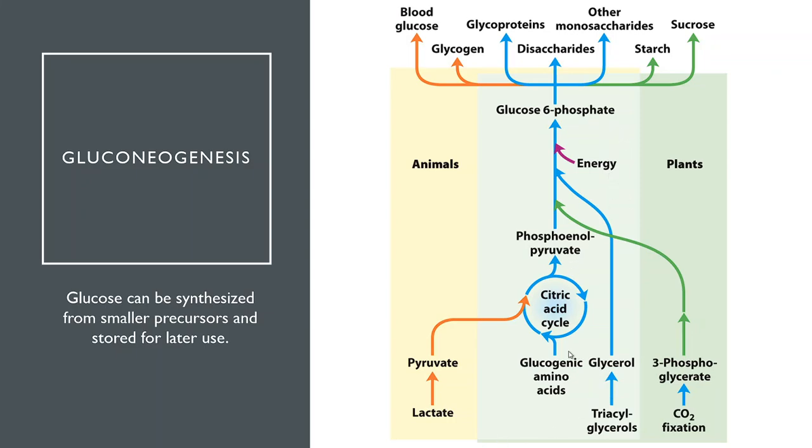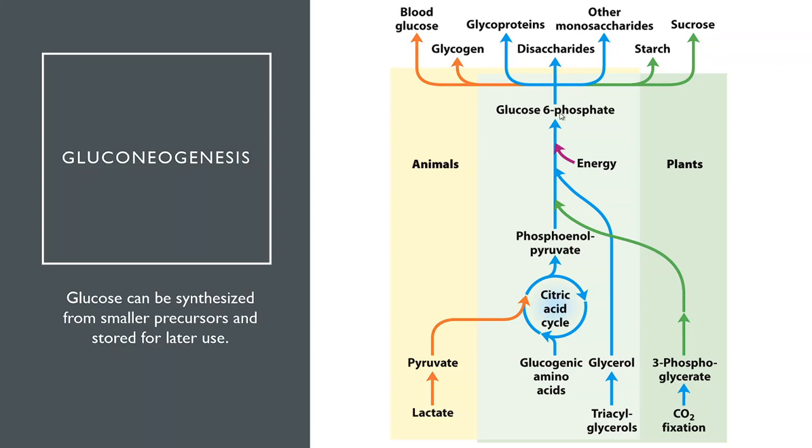But then there are some glucogenic amino acids. So those are just amino acids that can be converted into glucose. So they enter through the citric acid cycle, and then they can be converted into phosphoenolpyruvate. And then that can be converted, basically in a reaction that looks a lot like backwards glycolysis, back into glucose 6-phosphate.